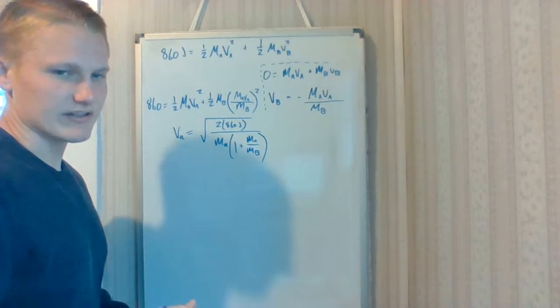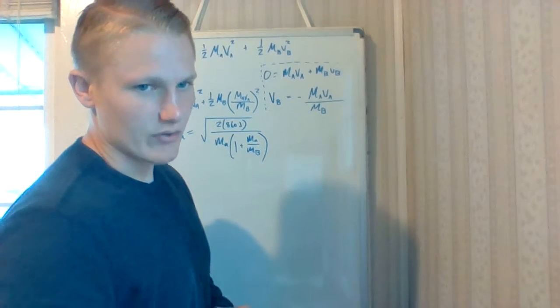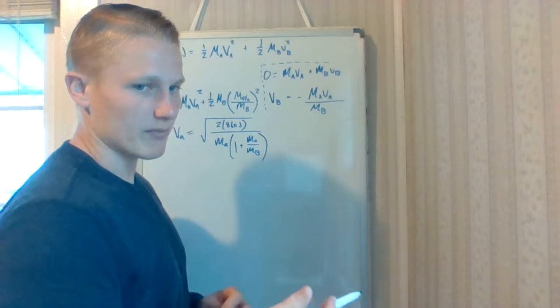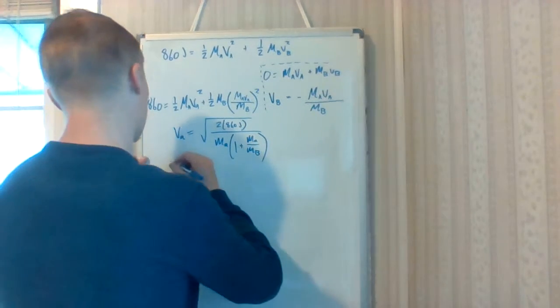Now we can plug in our values, and when you do that, you come out to 14.3 meters per second for VA.